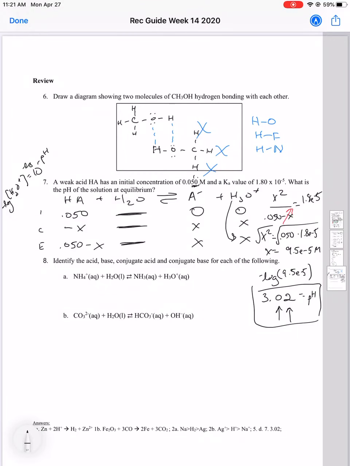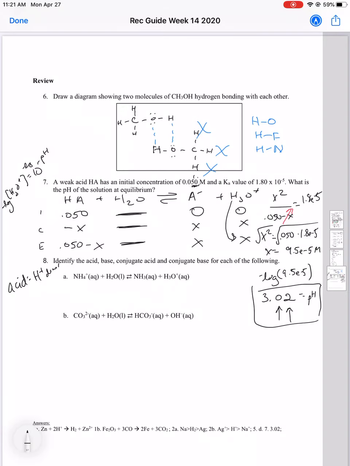Identify the acid, base, conjugate acid, and conjugate base for each of the following. NH4 plus H2O goes to NH3 plus H3O plus. So remember, an acid is a hydrogen donor, and our base is the H plus acceptor.